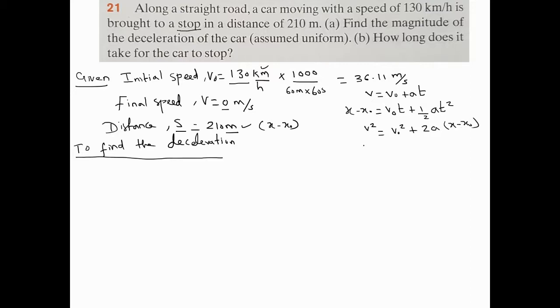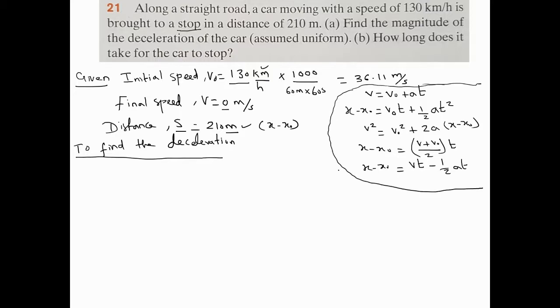And your fourth equation, x minus x naught equal to v plus v naught over 2 multiplied by t, and your last equation is x minus x naught equal to vt minus half at square. So these 5 equations we already studied in our theory. So with the help of these 5 equations, we are going to find the deceleration.